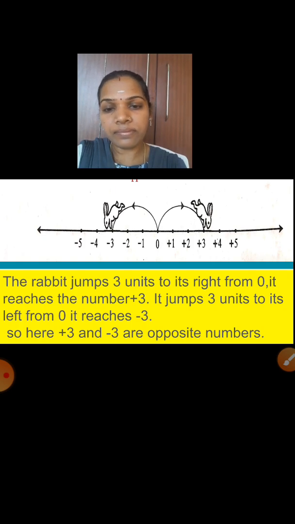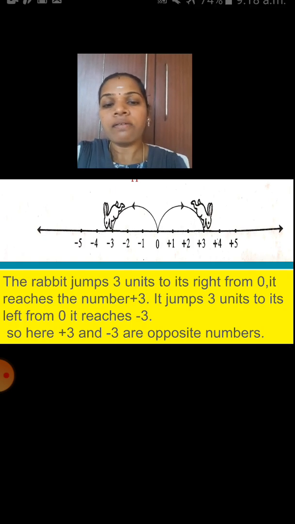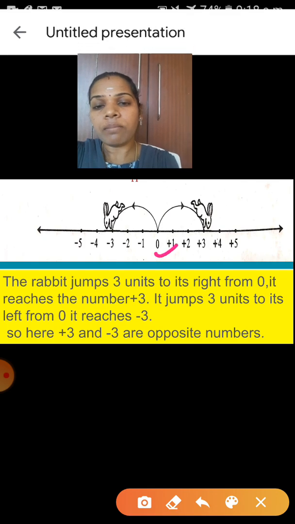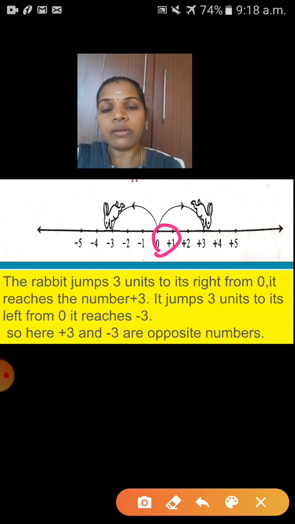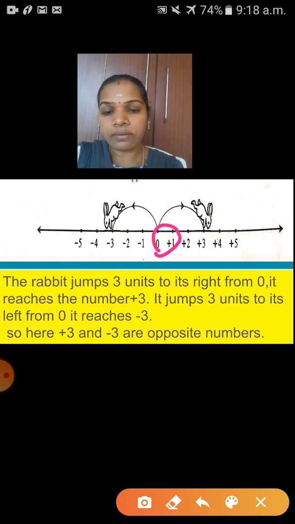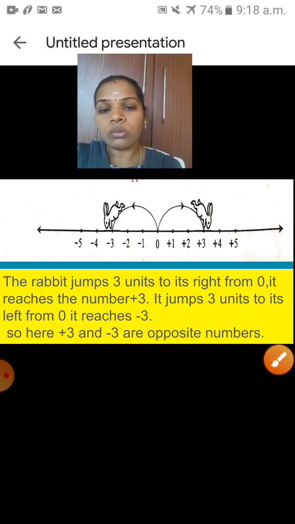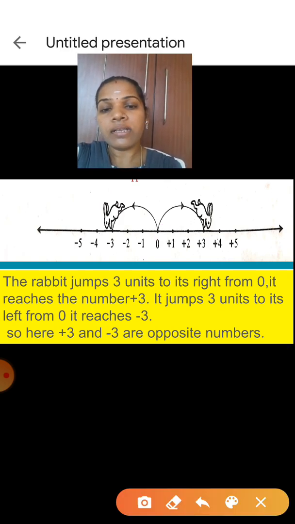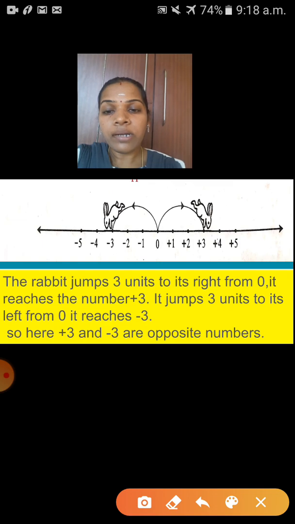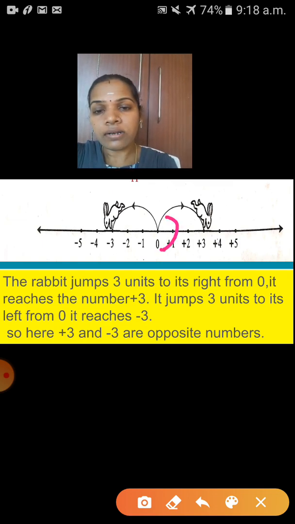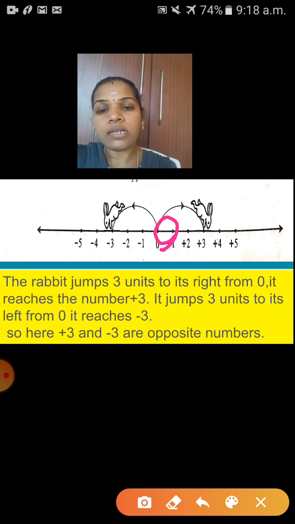Children, see here. First of all, here is 0, in the center of the number line. On the two sides, which animal is here? Yes, rabbit, isn't it? So the rabbit jumps 3 units to its right. First the rabbit was at 0.